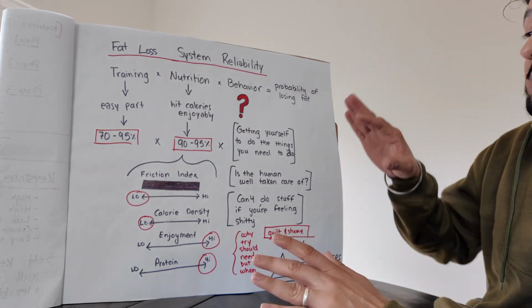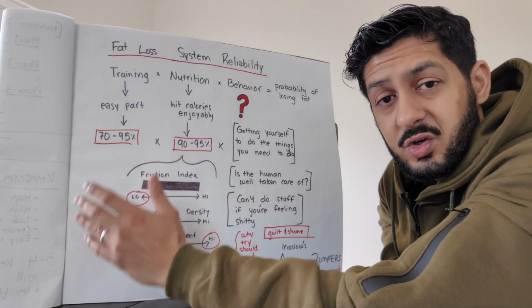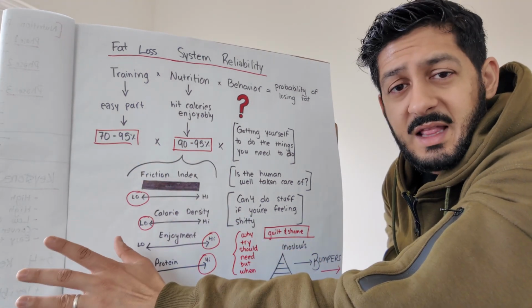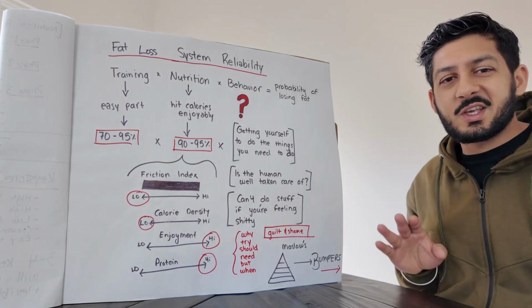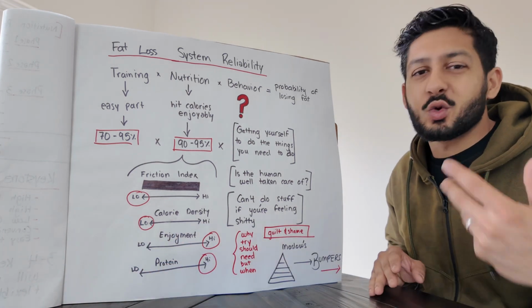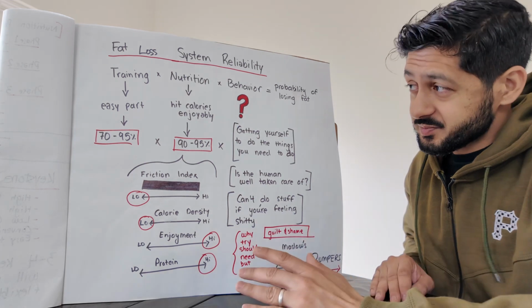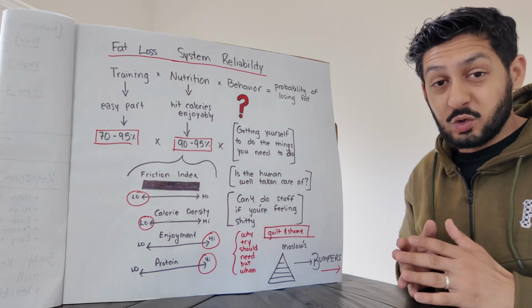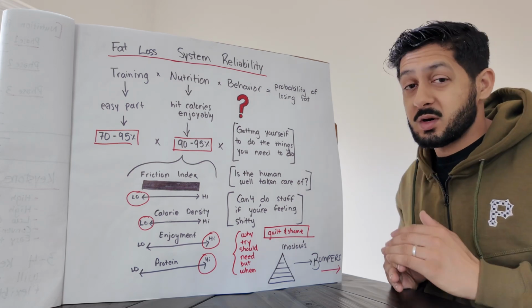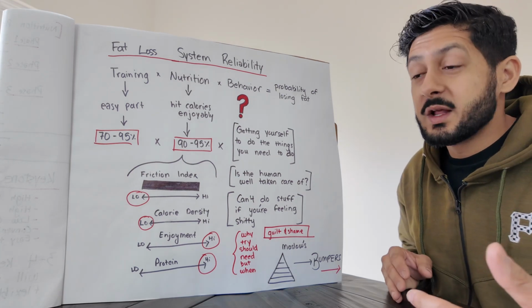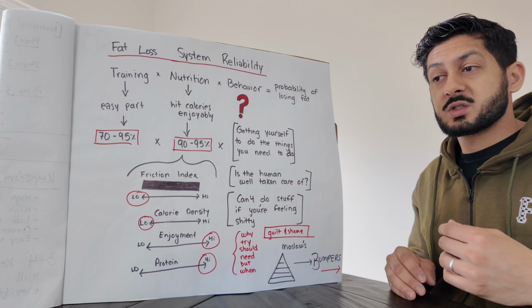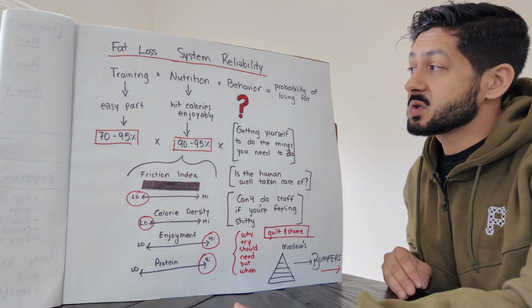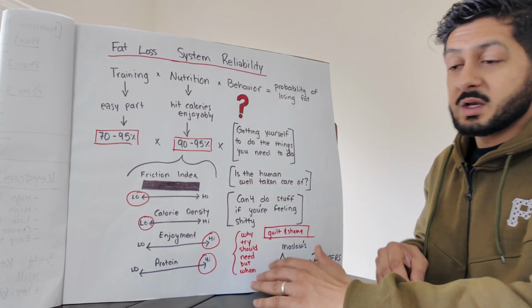But the big picture here is, your training is hard to mess up. Do something, you'll be fine. Nutrition: if you hit your calories that I give you, you will lose fat. The part we need to focus on so that we make this as smooth as possible is the human behavior part.